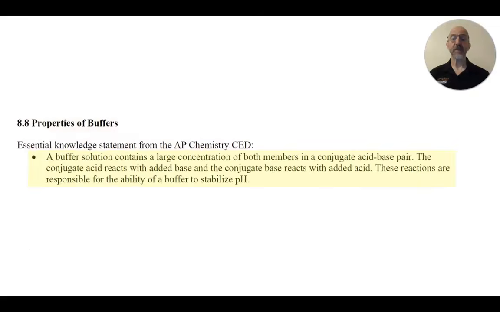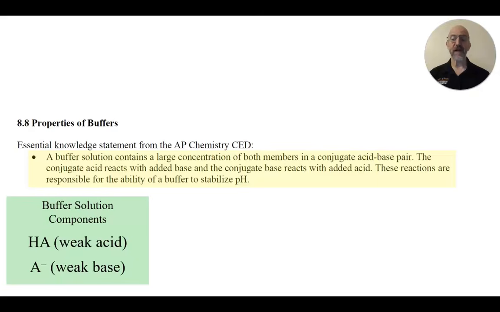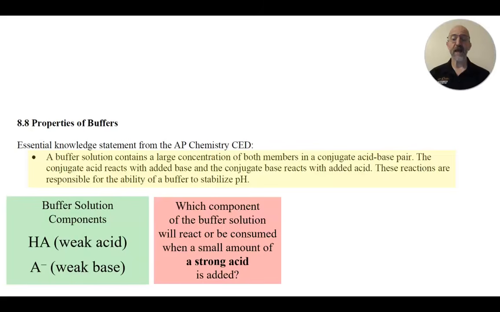So in topic 8.8, we know that a buffer solution contains a large concentration of both members of a conjugate acid-base pair. Now, for example, suppose that the buffer solution components are HA, representing a weak acid, and A- representing the weak base, the conjugate base. Now, suppose that we have this buffer solution.